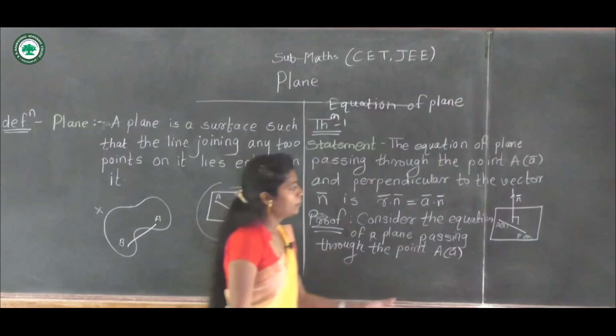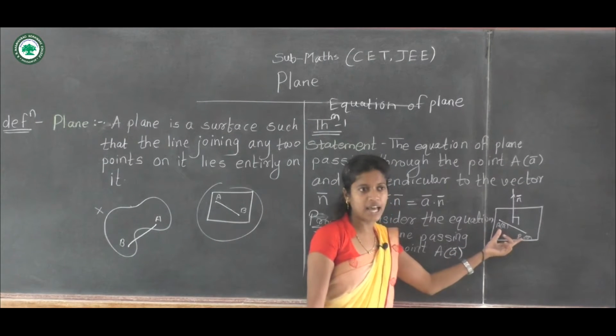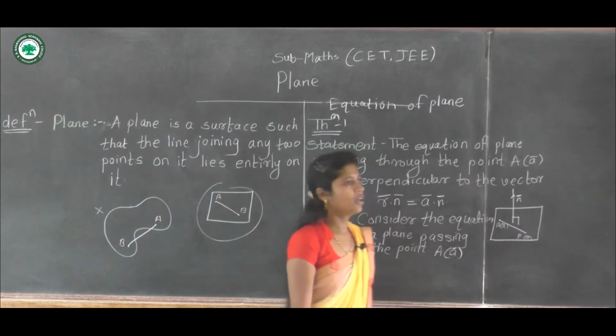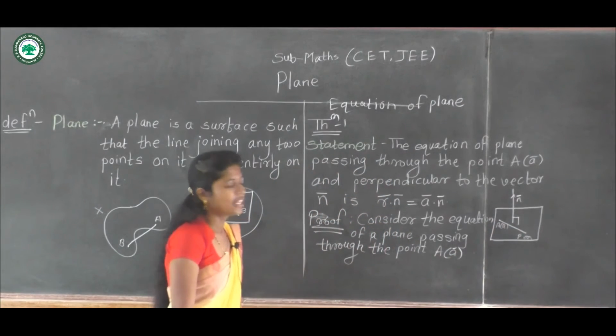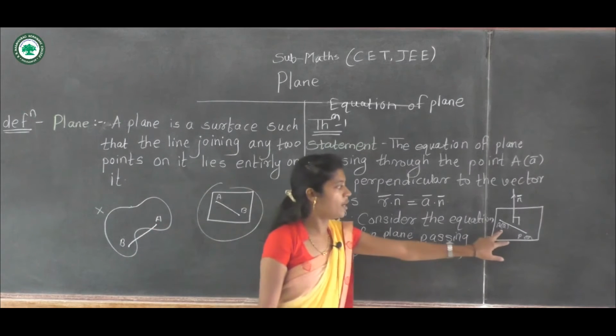And we know that if two lines are perpendicular to each other, then their dot product is 0, by the dot product property.